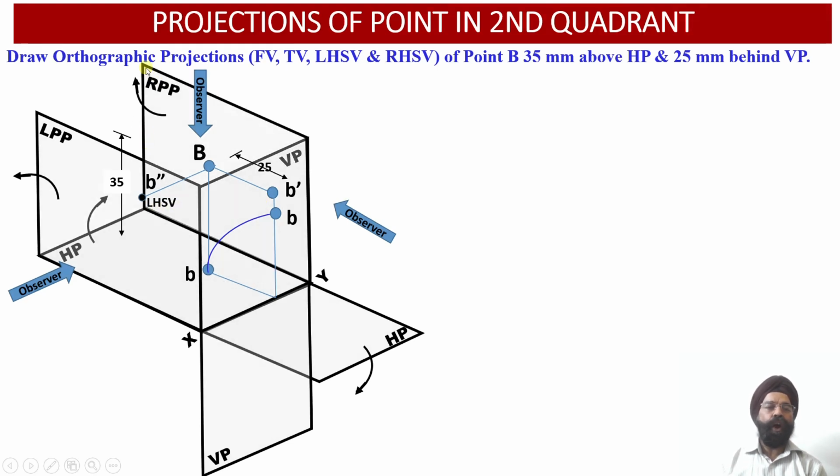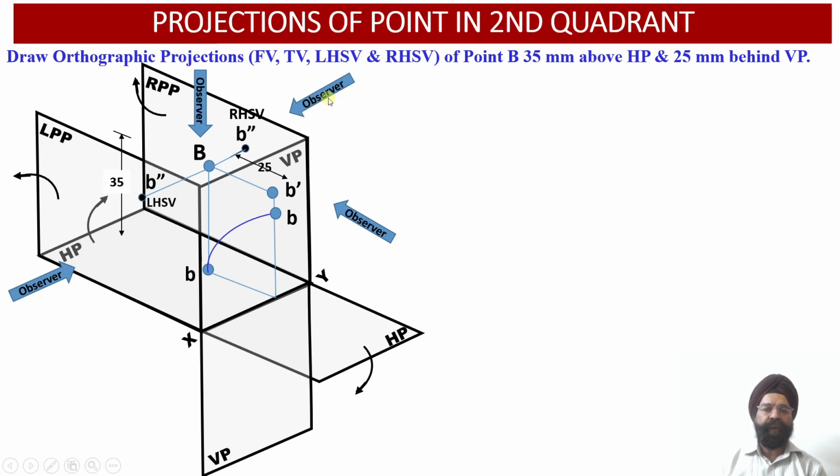Now let us obtain the right profile plane in the 3D spatial arrangement. When the observer looks at this object from the right hand side view orientation, we observe that the side view projection of this point B onto the right profile plane will be obtained at this particular position, and the point will be obtained as B double dash, which is the side view.